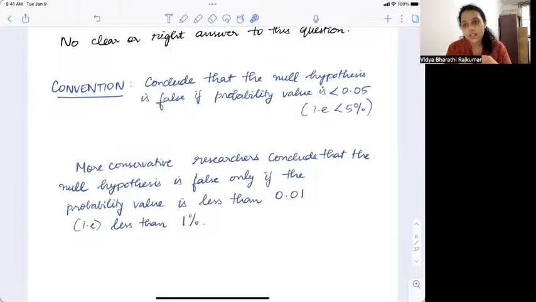There are some more conservative researchers who set an even lower threshold of 1%, meaning that the event that they're witnessing has to have a probability that is less than 1%, and only then will they label it to be unlikely. And only such unlikely events will lead them to reject the null hypothesis. So this is generally the convention.